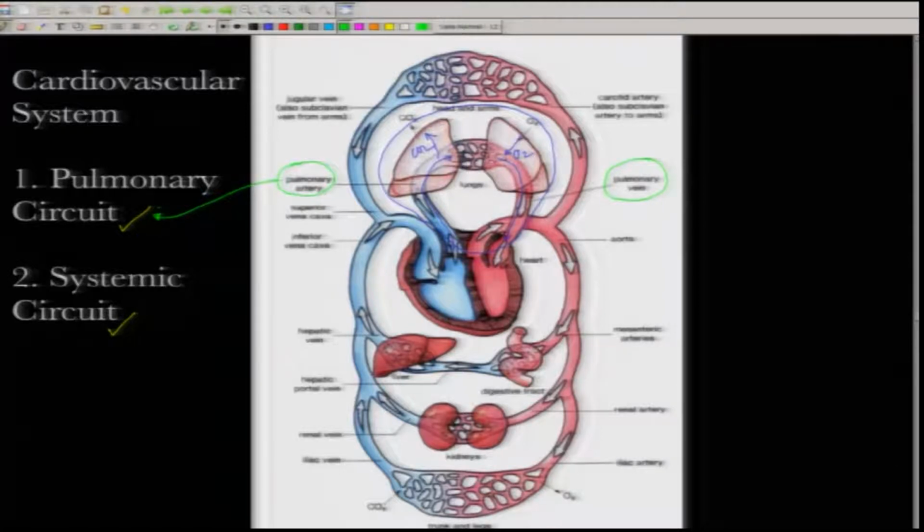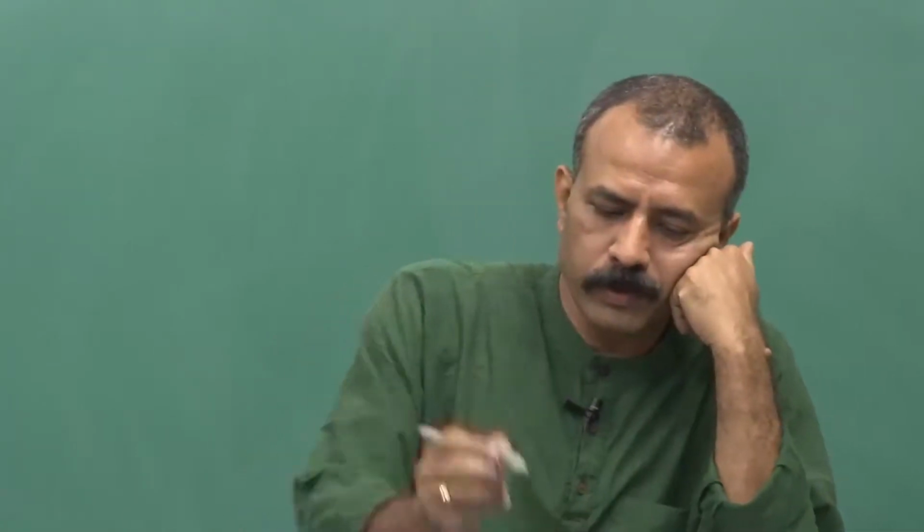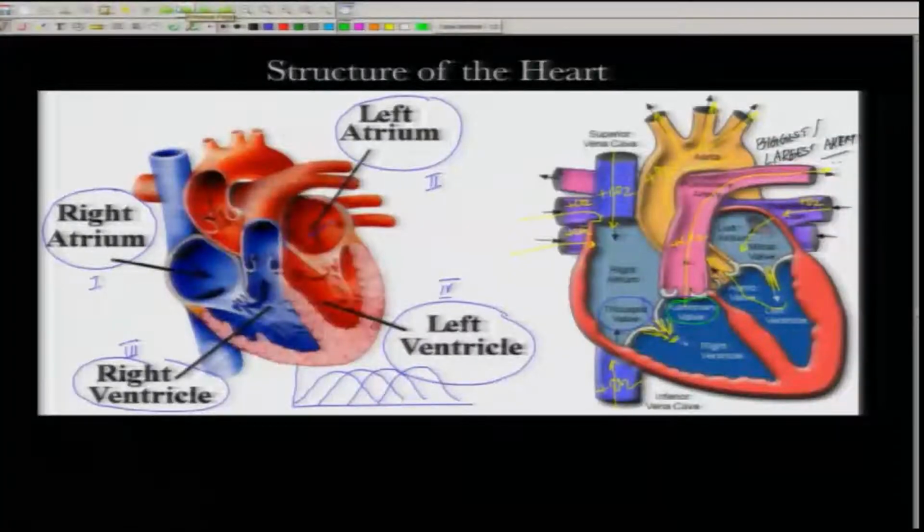The pulmonary circuit is the reverse in terms of the arteries and veins carrying oxygenated and deoxygenated blood. The pulmonary artery carries deoxygenated blood and the pulmonary vein carries oxygenated blood from the lungs to the heart, to the left upper chamber of the heart, or the left atrium, right.